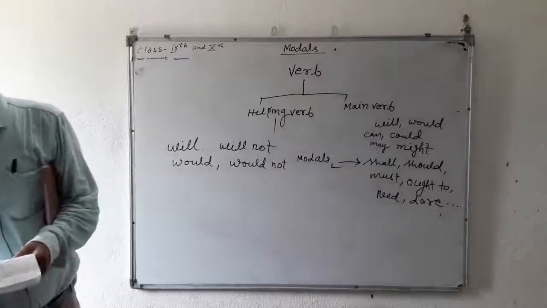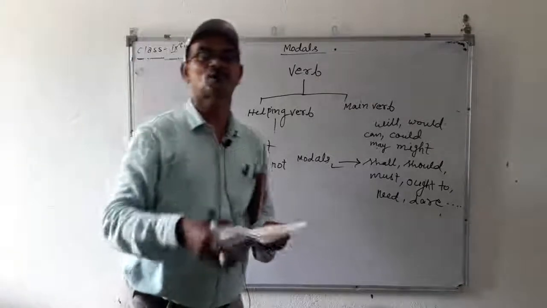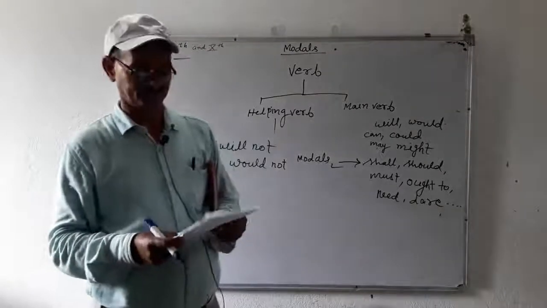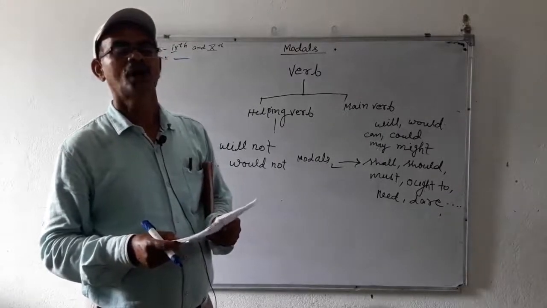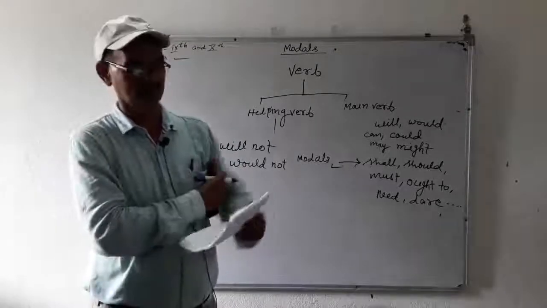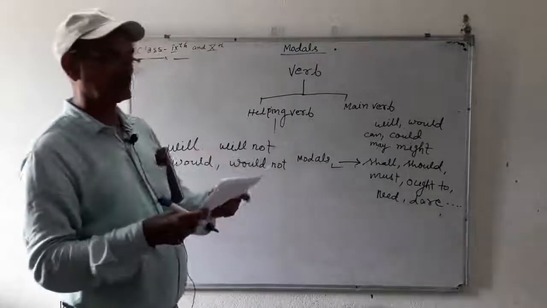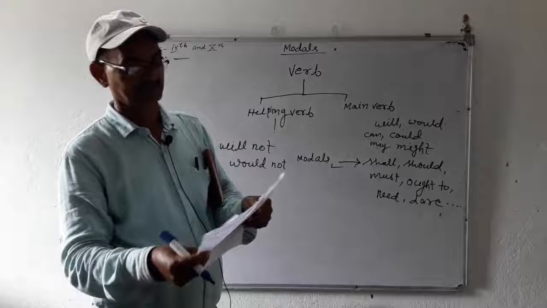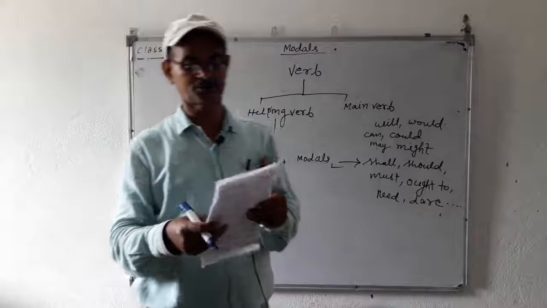Will is used with second person and third person subjects in simple future tense. He will play football. Boys will read their lesson. They will complete their lesson, etc. And will is also used to express such things with second person and third person for simple future.